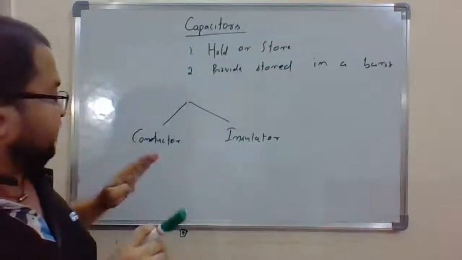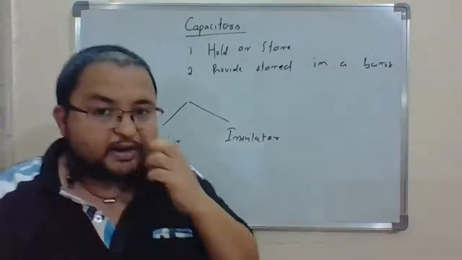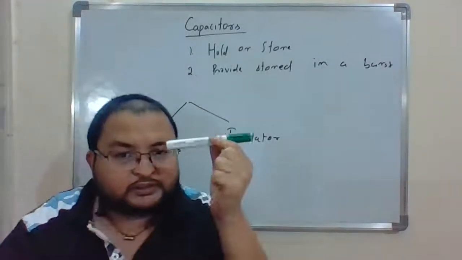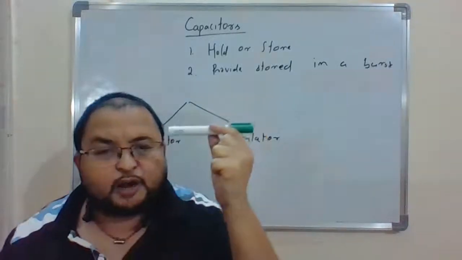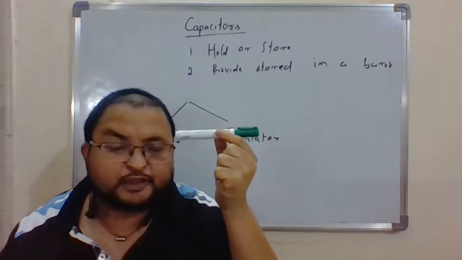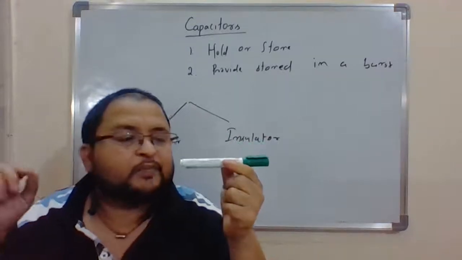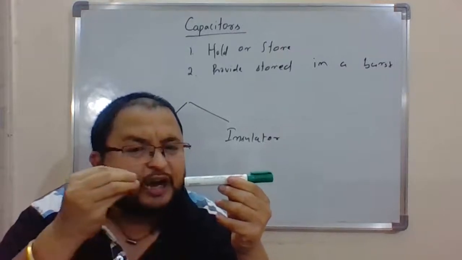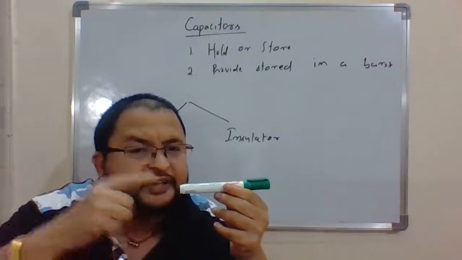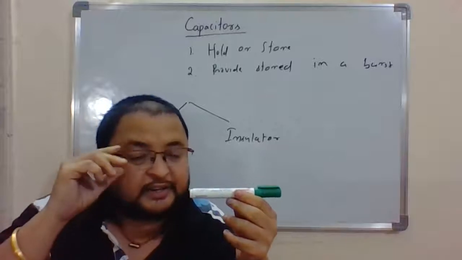Now let us think about conductors. Assume that this is a metallic piece, a metallic cylinder. How can I charge it? To charge it, I may connect it to some external electrical circuit.